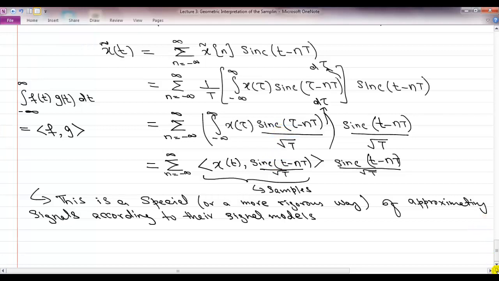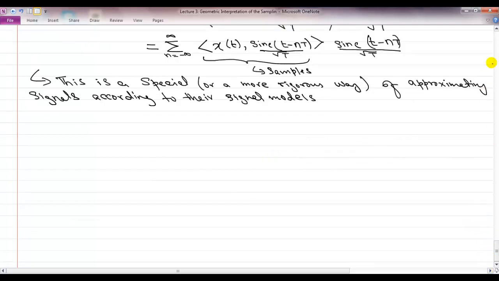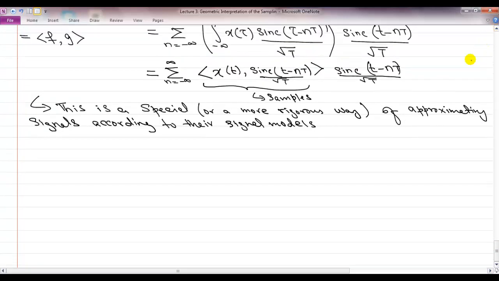The general sampling strategy for most models, what it will look like is that you'll start with a signal model.